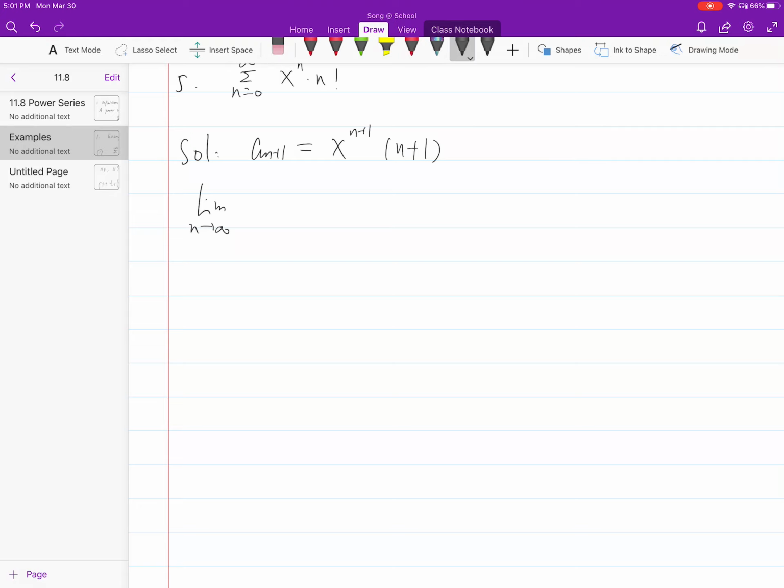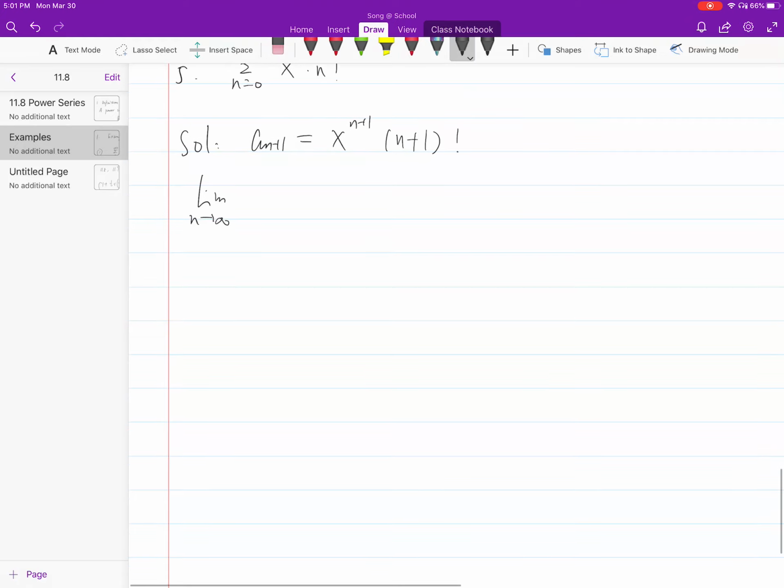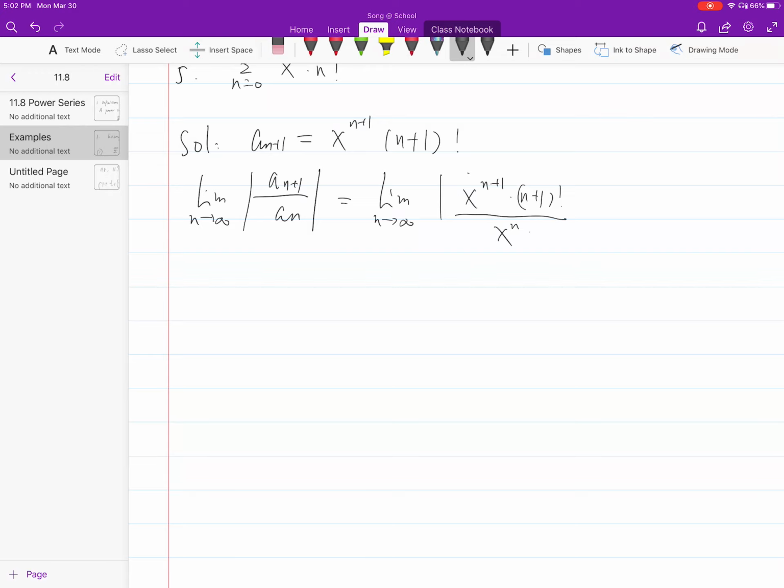Let me make sure in case you get confused. a n plus 1 divided by a n is going to be the limit as n goes to infinity of x to the n plus 1 times n plus 1 factorial divided by x to the n times n factorial.